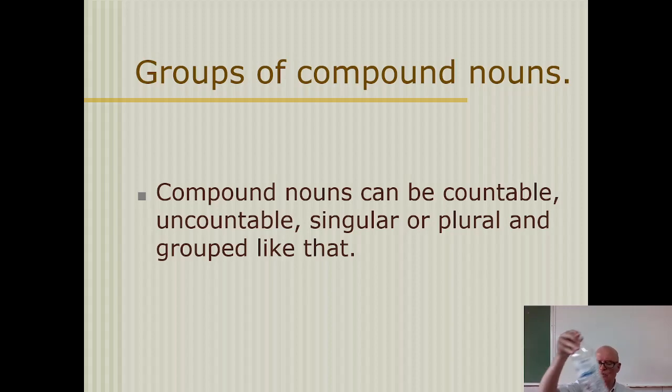Don't confuse a bottle of water, because the bottle you can count, but the water inside you cannot count, unless you say 1 liter of water. That is changing. Yeah? Alright, next.